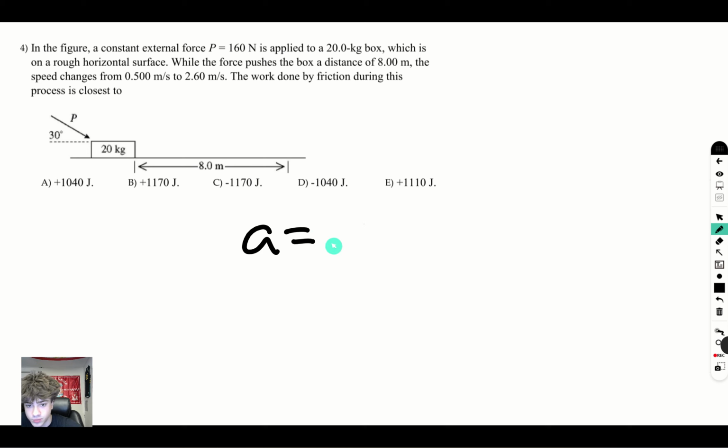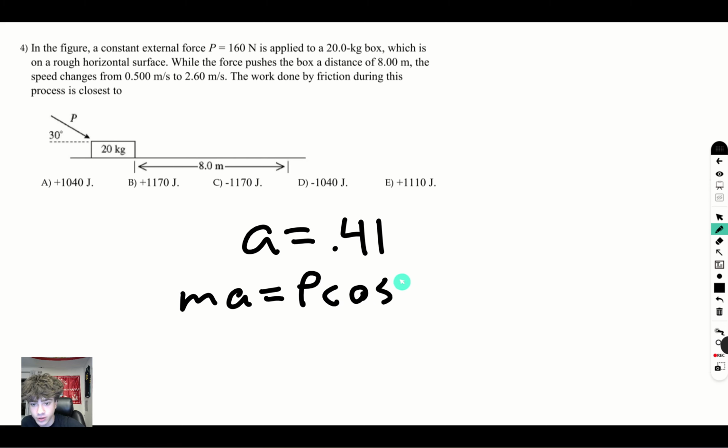A equals 0.41. And from here, let's go back to our original equation, our net force equation. We had MA is equal to P cos 30 minus FF. Now from here, we have all of the variables necessary to solve this equation.